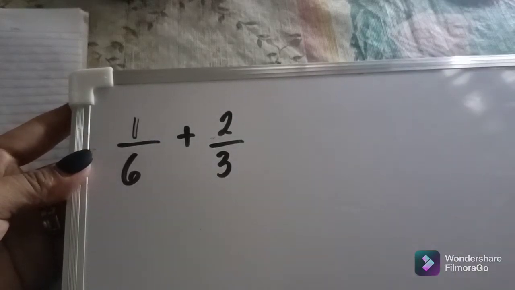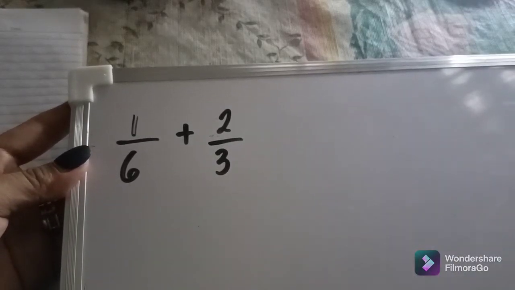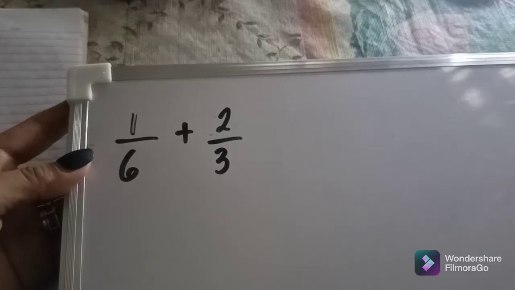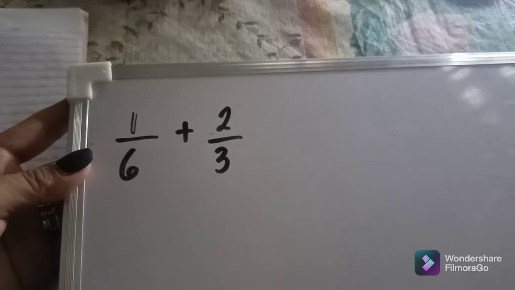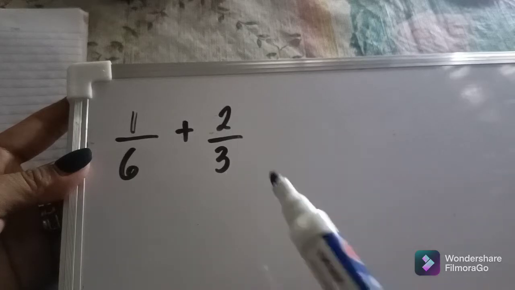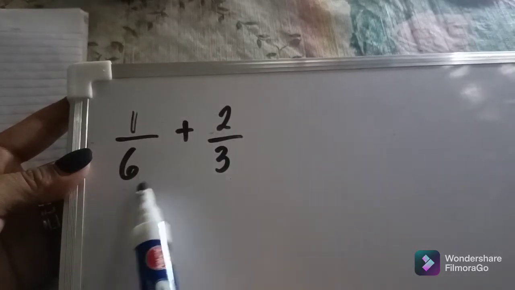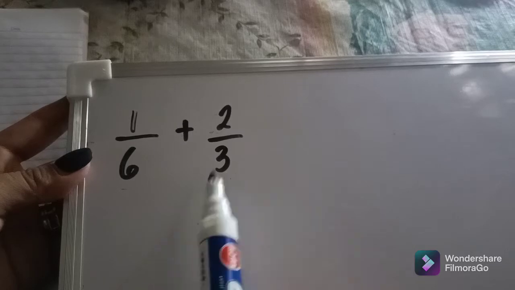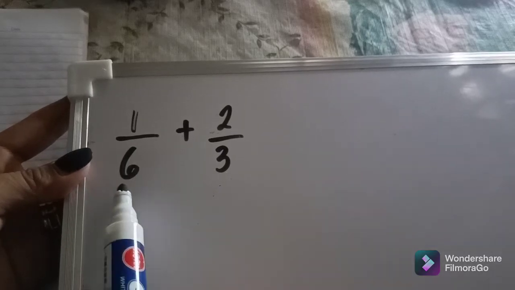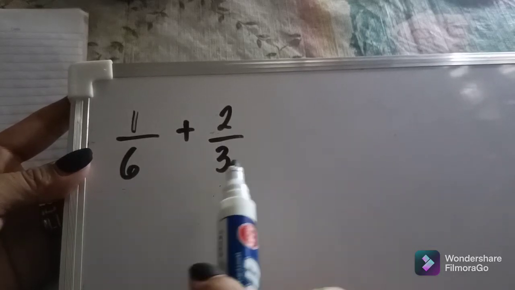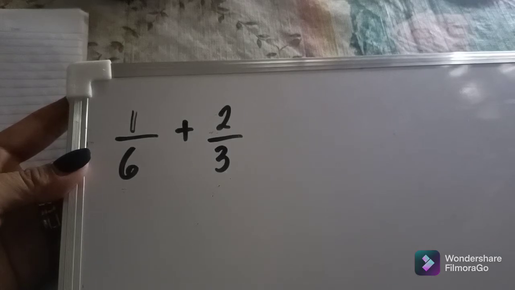Okay, so we have to find the LCD. LCD is the least common denominator, which means it's a number that can be divided by both denominators.